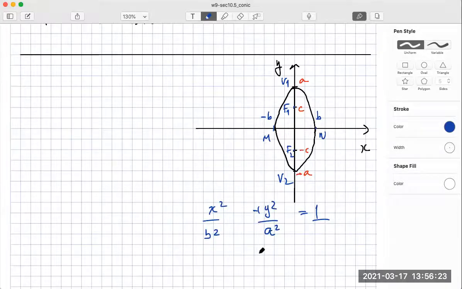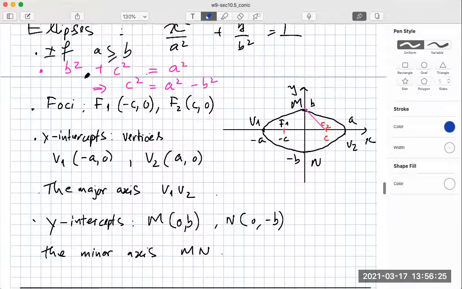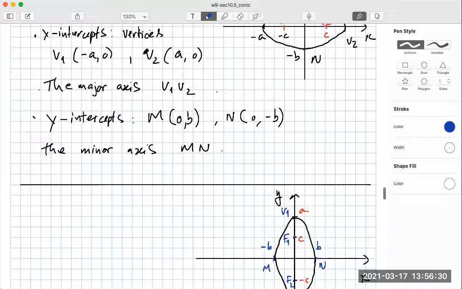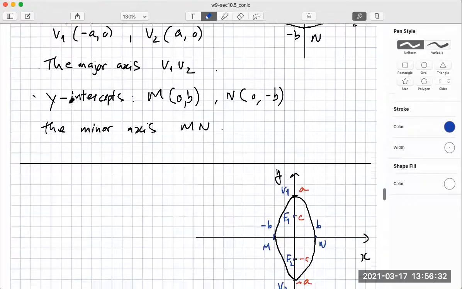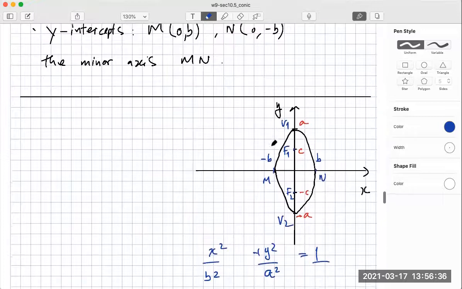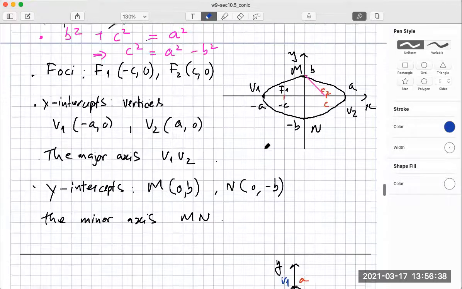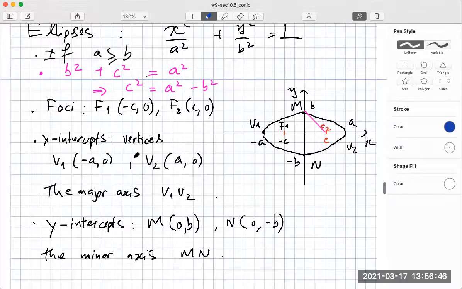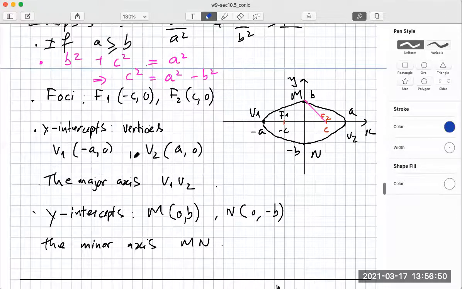But again, we need to know about the foci, the x-intercepts, the vertices, the major axis, the y-intercepts, the minor axis. If we're doing the test, then you need to list all these things clearly. Otherwise, you cannot convince the reader for problems. That's it. It's all about the ellipse.